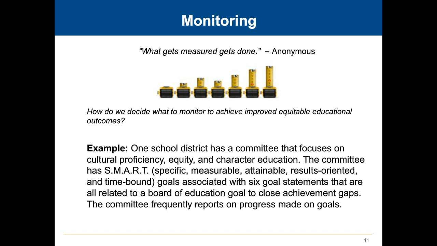Our goals have to be SMART. And if we are not creating goals that deal with equity and equitable outcomes in a very small way that we can find traction in picking one of our priorities, then it's all for naught.